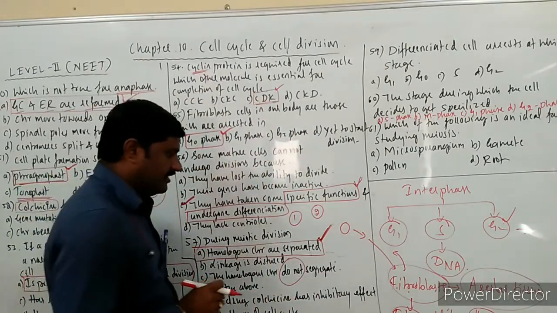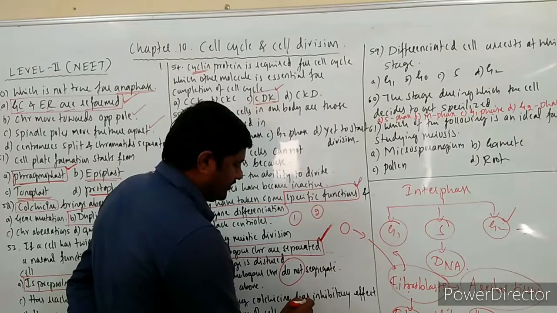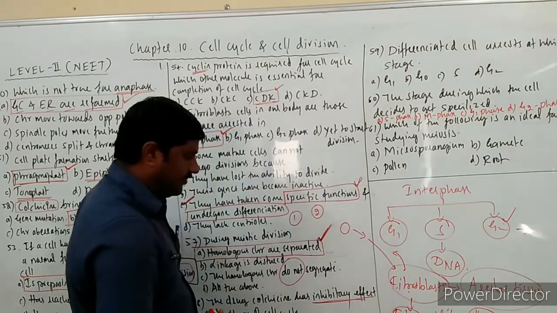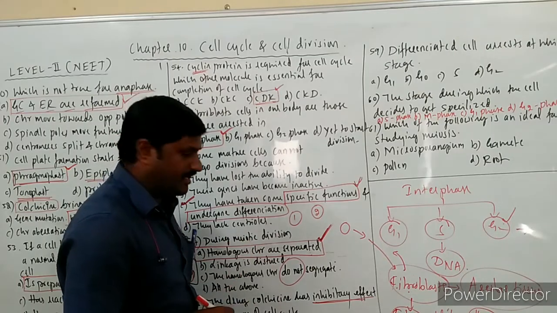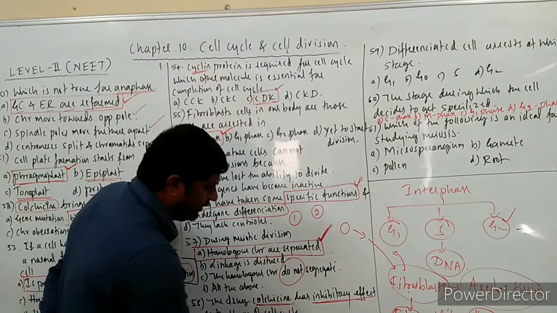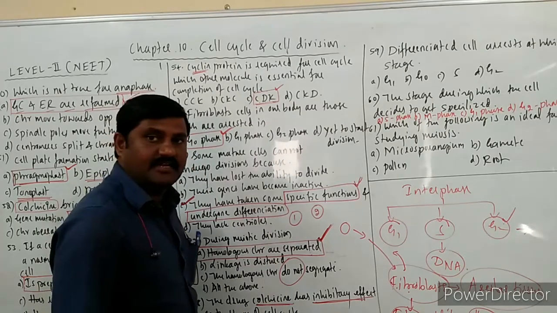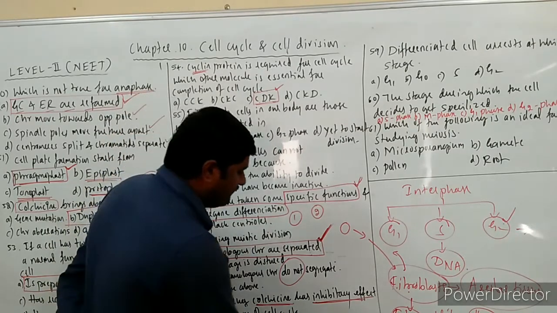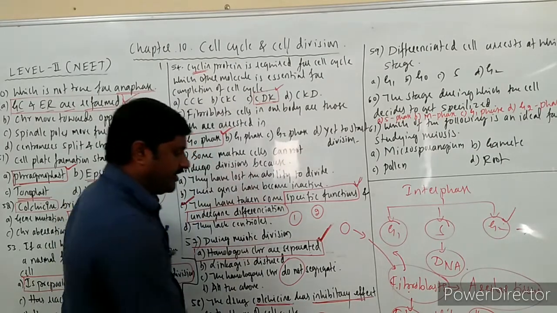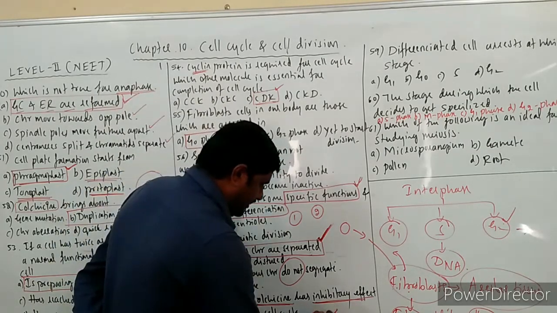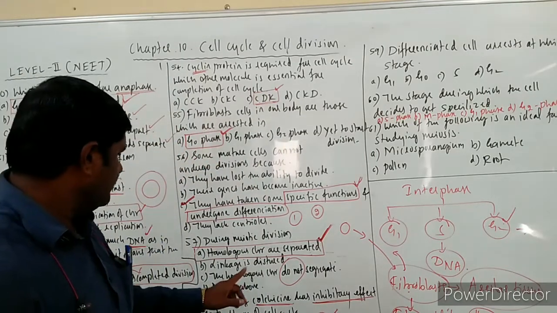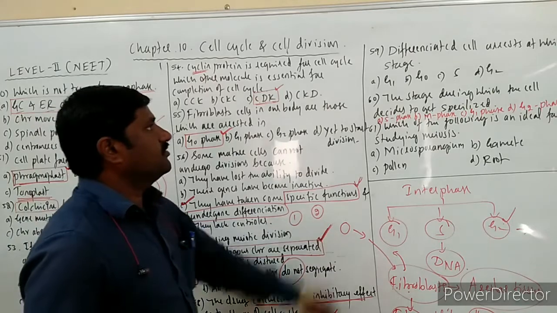If the synthesis of those microtubules or the spindle fibers is not taking place, it is because of this colchicine only. So metaphase itself is one of the stages of M phase. That's why the correct answer for this question is M phase over here. Right? So next question.